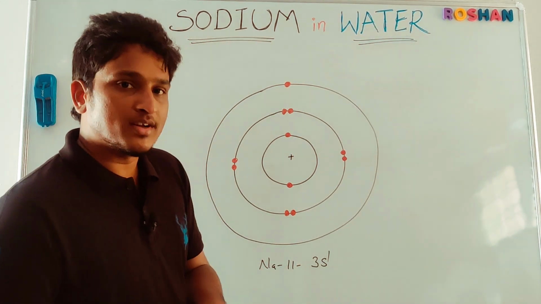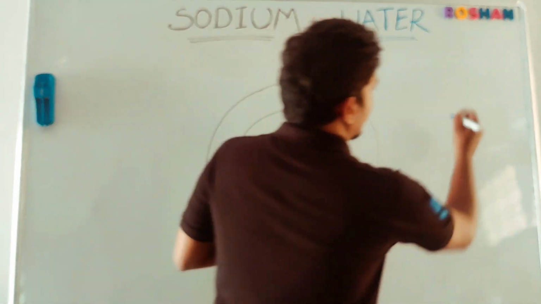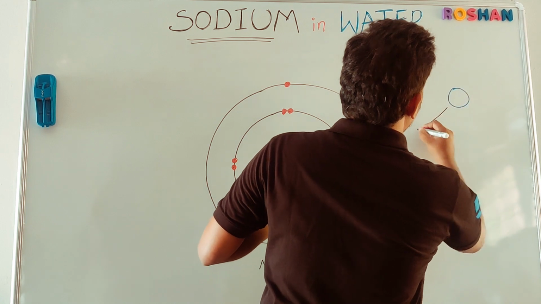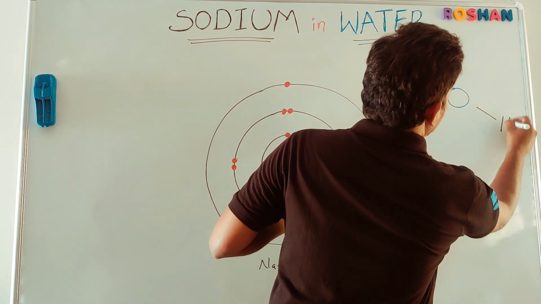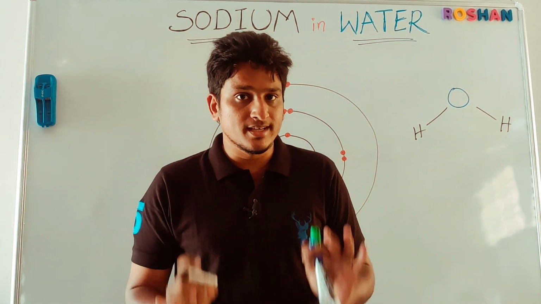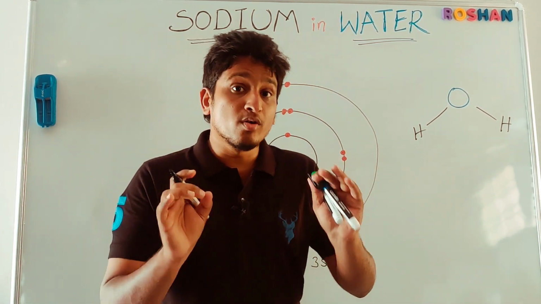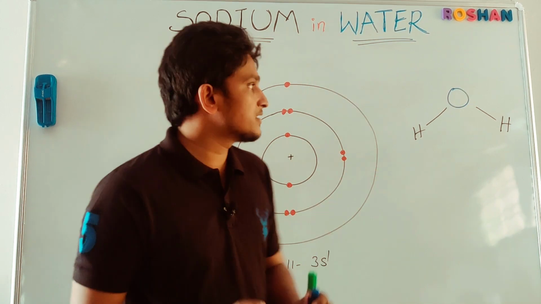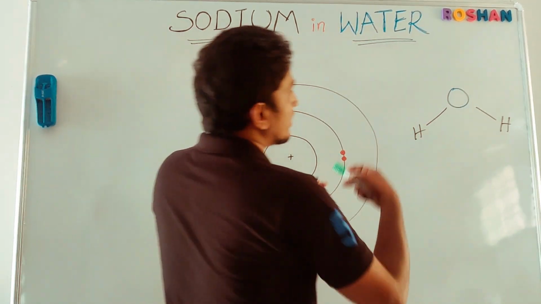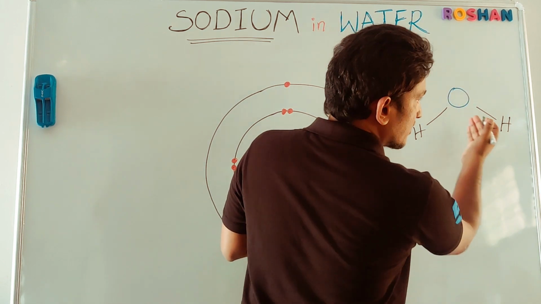For example, what is the formula of water, students? The formula of water is H2O. How is the bonding? Is that it about the water molecule? No. Students, water, H2O, is a polar covalent compound, which means that because of the highly electronegative nature of oxygen, some of the bonding electrons are closer towards the oxygen side.